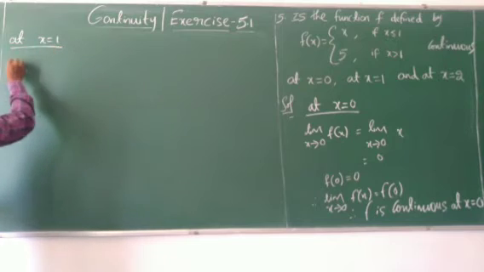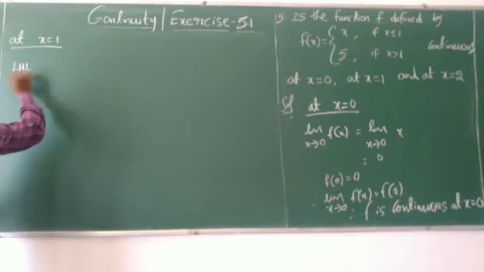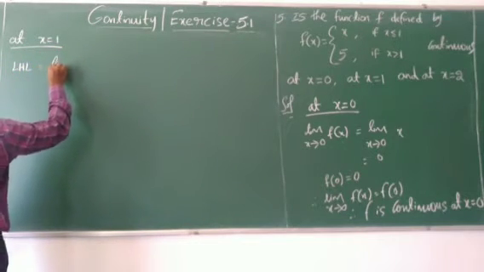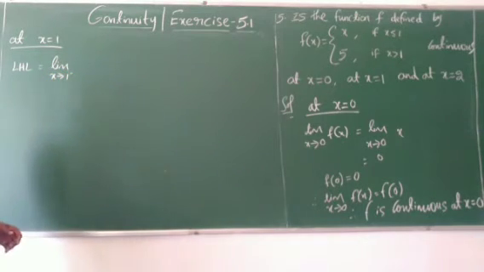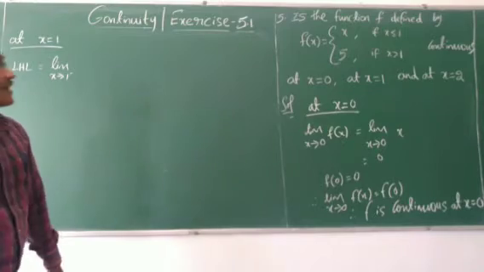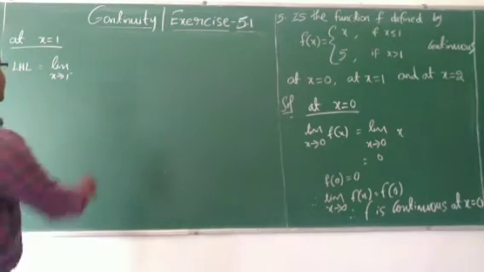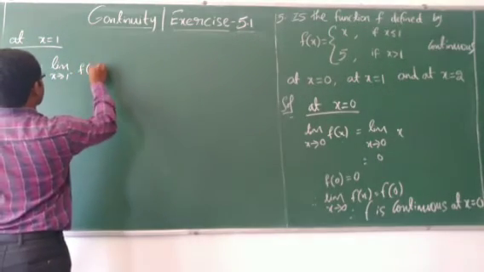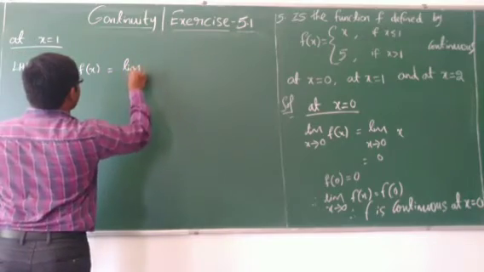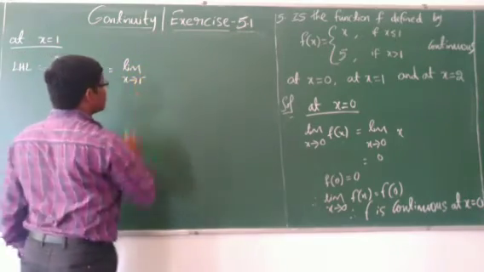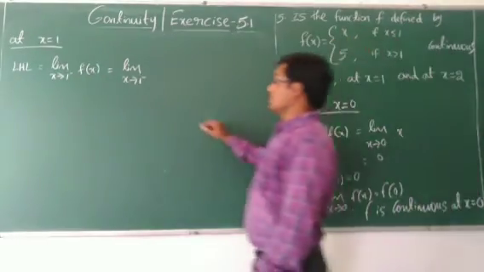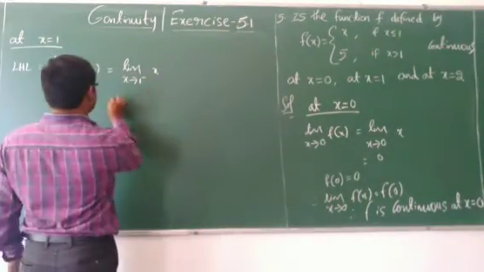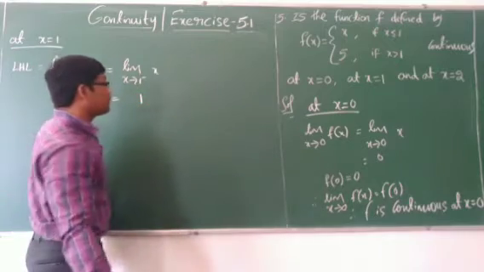At x equal to 1, the left hand limit equals the limit as x approaches 1 minus, that is from the negative side. So 1 minus is less than 1. If it is less than 1, what function do we need to consider? The function for less than 1, that is x. So this is x, which is equal to 1.